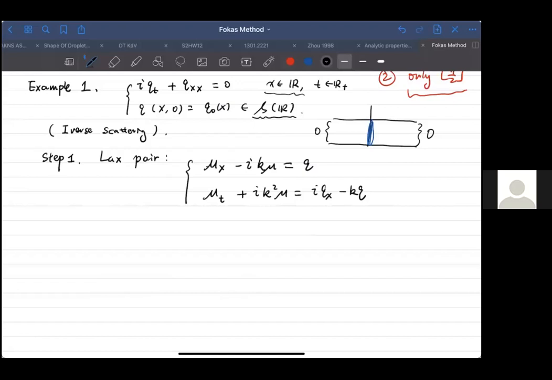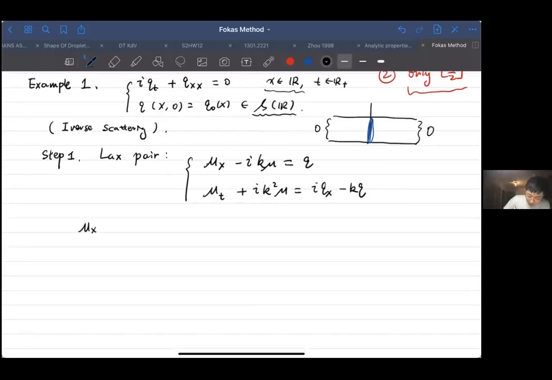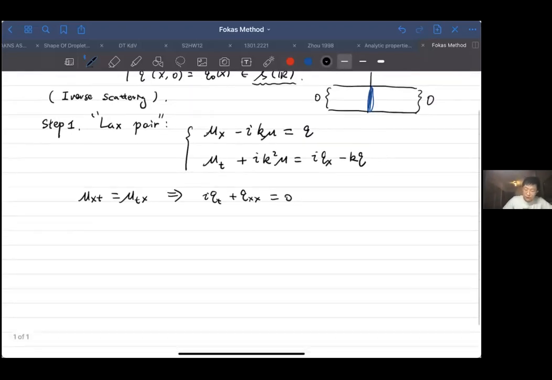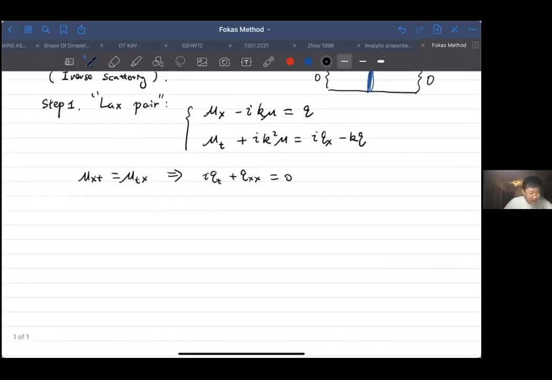But anyway, the compatibility still gives us the equation. This is his creative work, and all later work is based on this. This Lax pair is like a concept to find the exact form. So from this Lax pair, we can now solve the ODE. From the first equation, we can actually solve it.